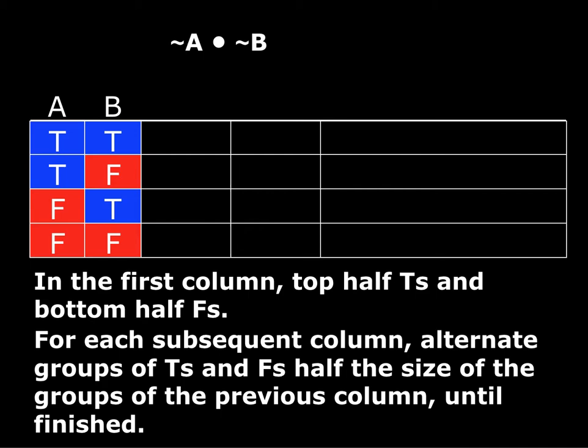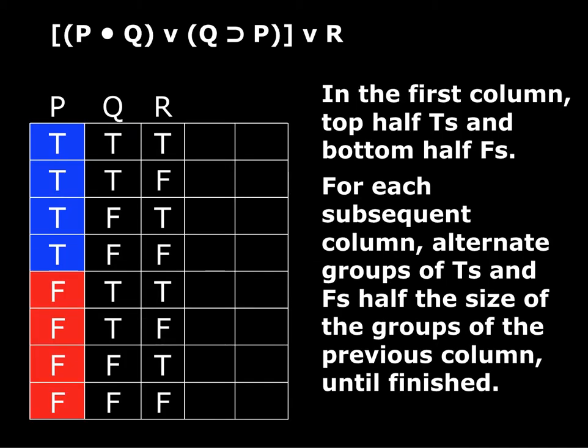There's a little detour here. I'm going to come back to this truth table for not A and not B in a minute, but I just want to show you something. Suppose the truth table had 3 atomic statements, where we had P, Q, and R. So we need 8 rows. You do exactly the same procedure.